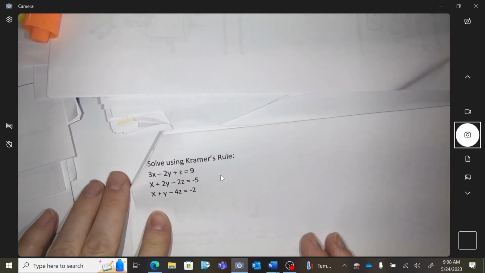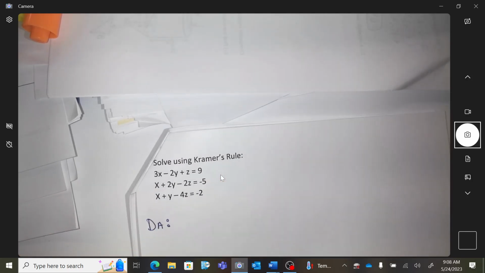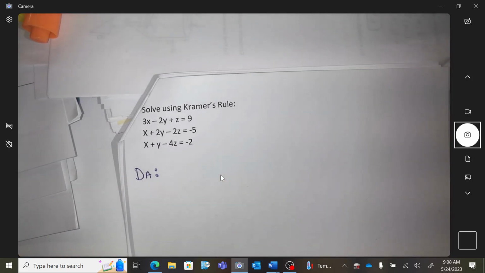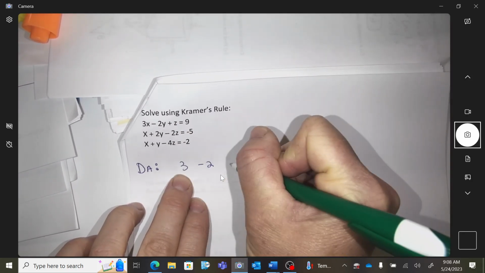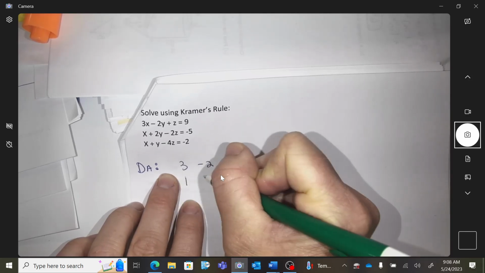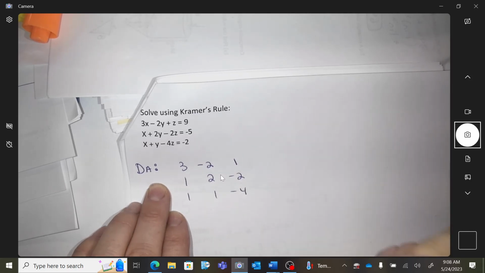Okay, give me the determinant of A. That's what we're going to do first. So I'm going to write 3, negative 2, 1, 1, 2, negative 2, 1, 1, negative 4.